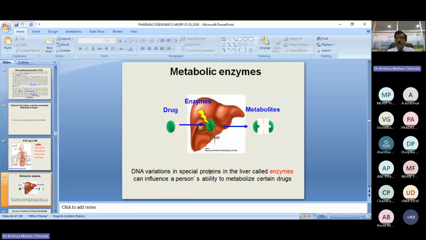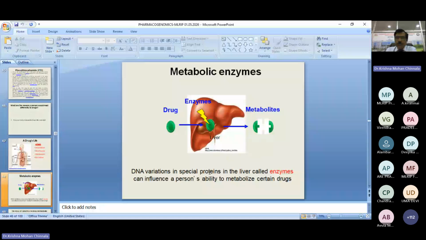We all know if the drug is metabolized in an optimized manner, it will give optimized effect. If the metabolism is slow, it may lead to accumulation and toxicity. And if metabolism is rapid, it may enter into subtherapeutic level only.